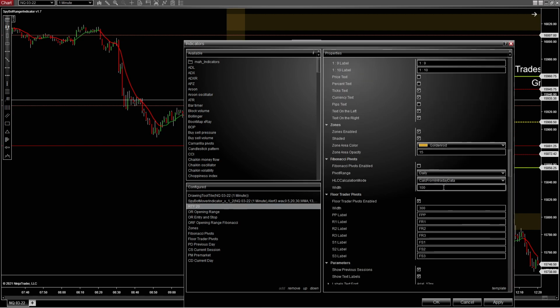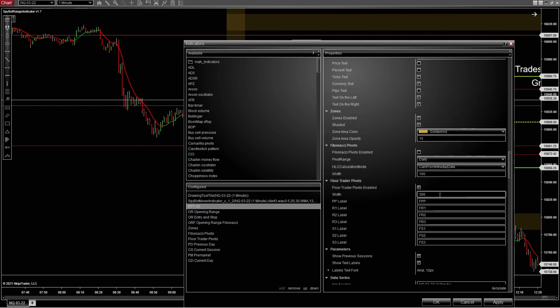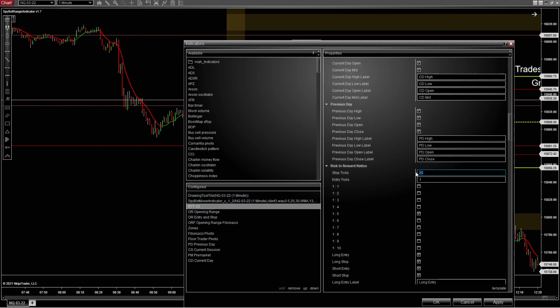RTY is what I trade. I don't like to trade NQ. NQ just whipsaws a lot, and that's just not the one I like to trade. I think it's this one right here that shows everything I want.